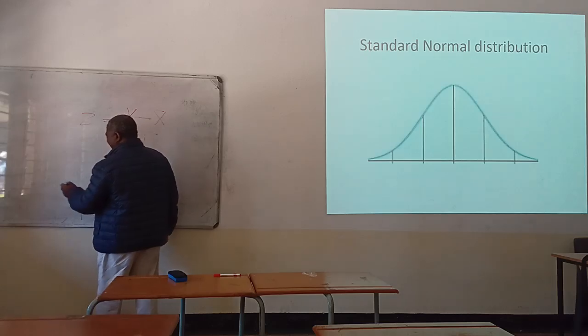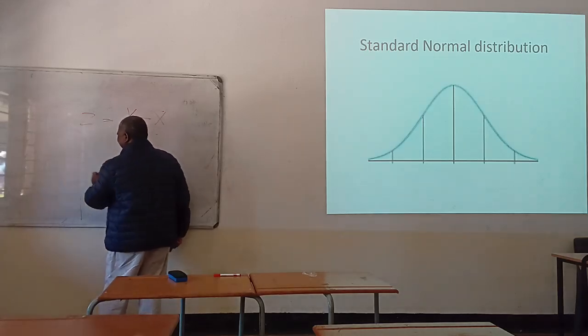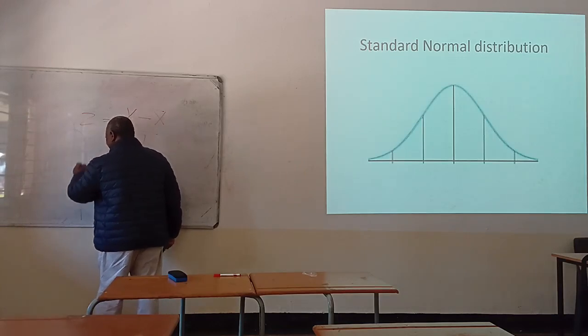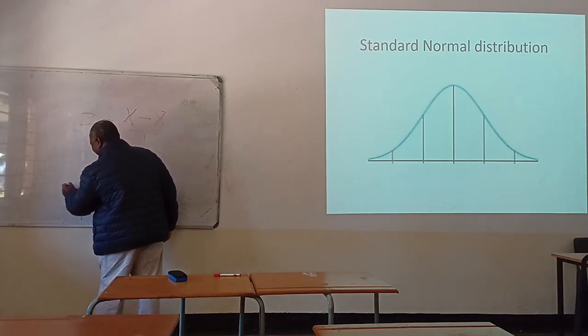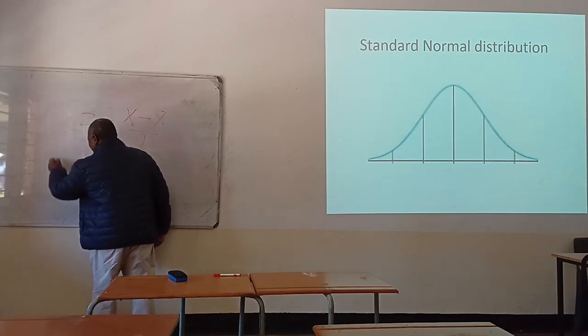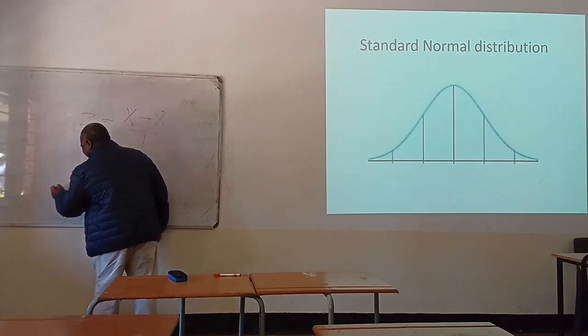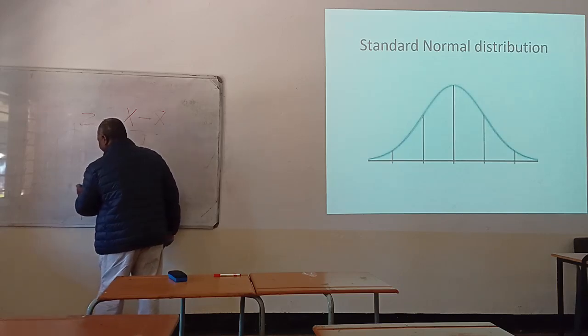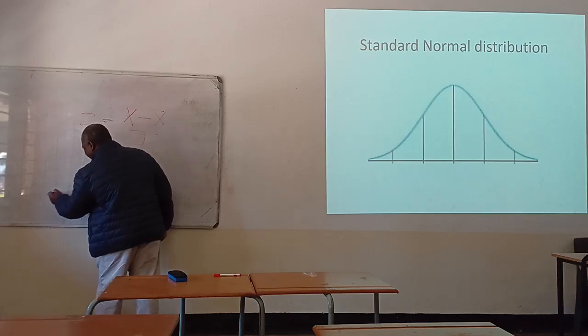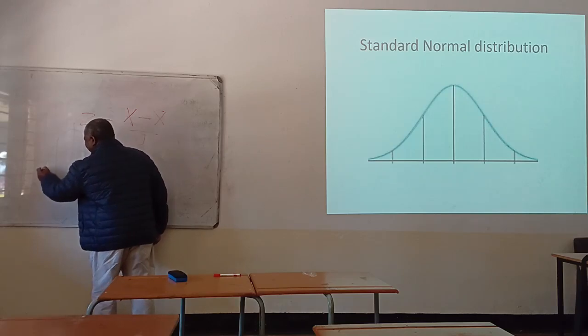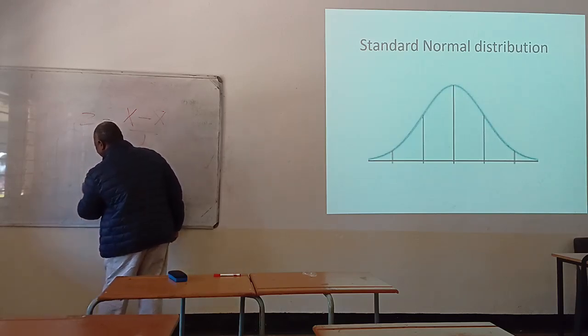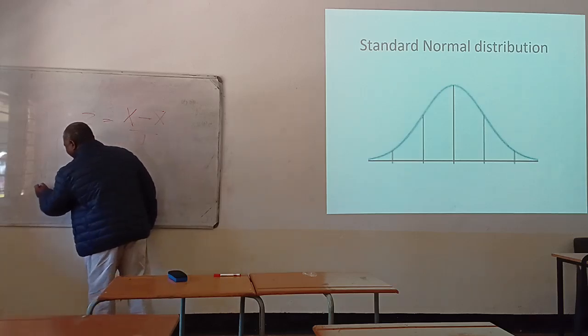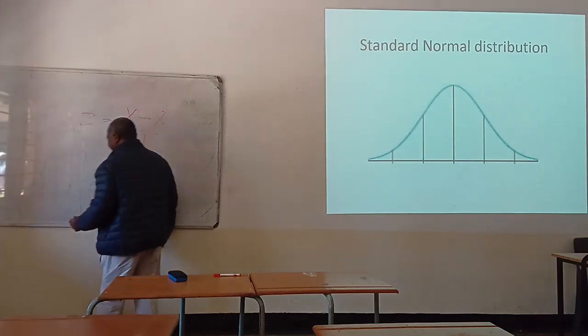This is supposed to be a new thing, eh? So that's the mean, which is 0. Negative 1 standard deviation, positive 1 standard deviation, which is 1, -1, that's what we're saying. 2 standard deviations will be 2, -2 standard deviations will be -2.